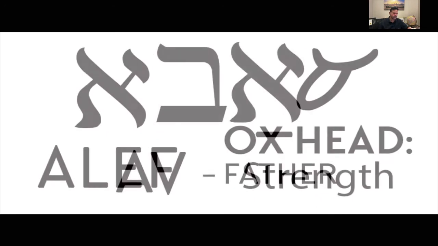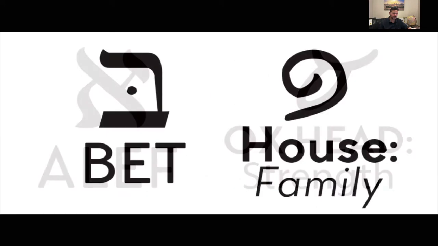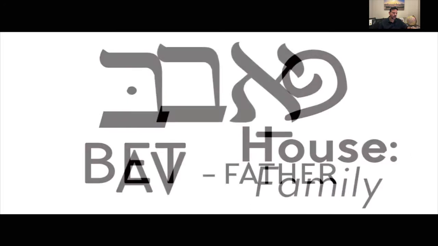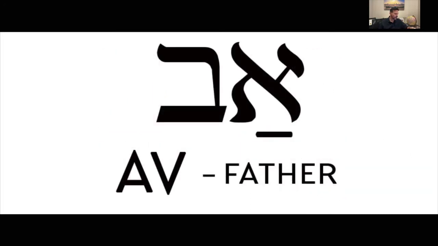So who is the strength of the family? It is the father. So you can see how these pictures continue to give us deep meanings of the words. You can't always break a word down into every single letter to make it a pictographical kind of definition. Sometimes words just form and grow and develop over time.